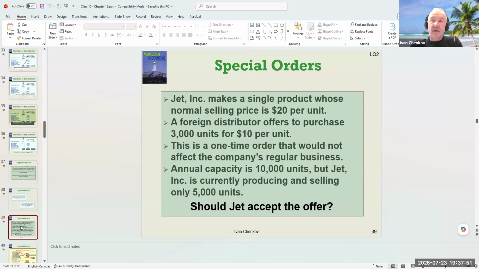So if my capacity is 10,000 and I'm currently making only 5,000, I have 5,000 units of unused capacity. Correct? So are the 3,000 units that this person asked me for within the 5,000 units of unused capacity? Yes, it is. Okay, that's the first thing.